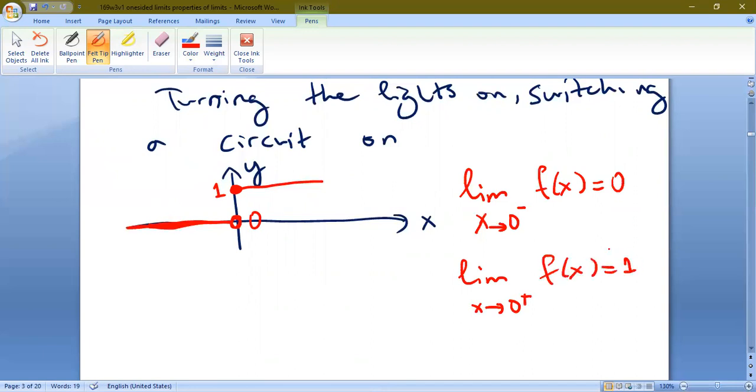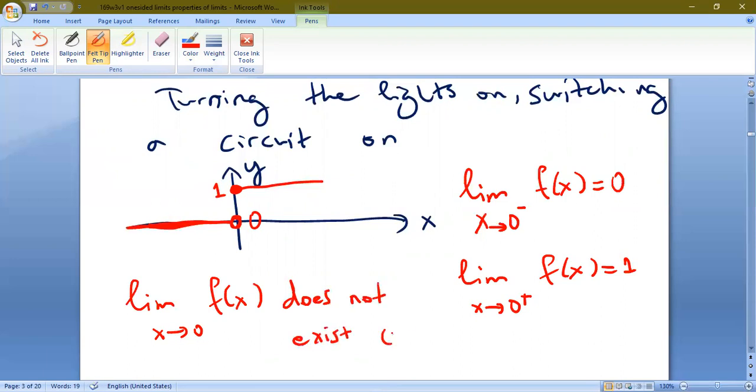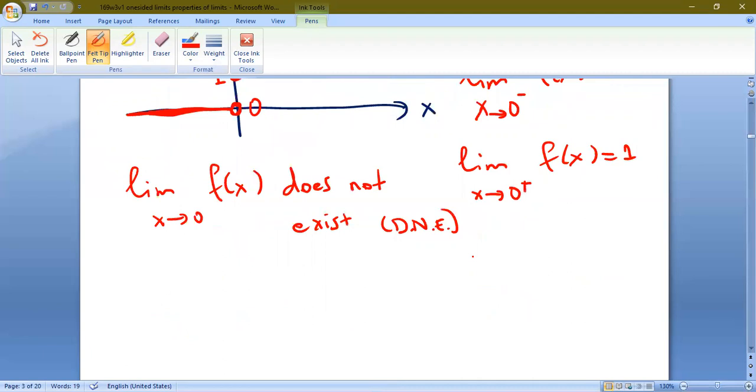As you see, they are not equal, so we know that the limit doesn't exist at 0. The limit as x goes to 0 of this function doesn't exist. Shortly, you can also see the notation DNE, which means does not exist. Okay. Another example is step functions, general step functions.